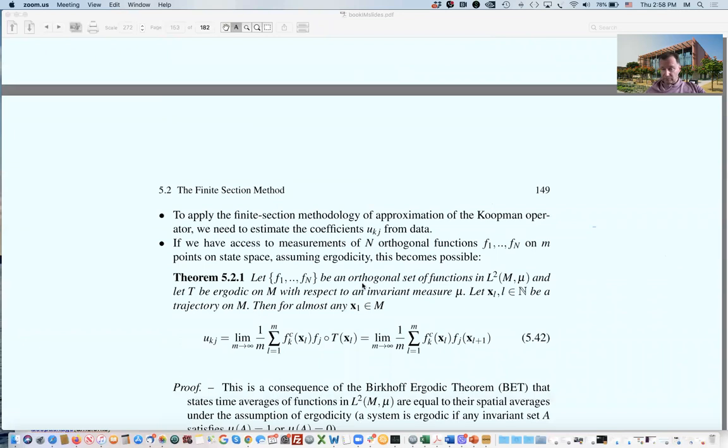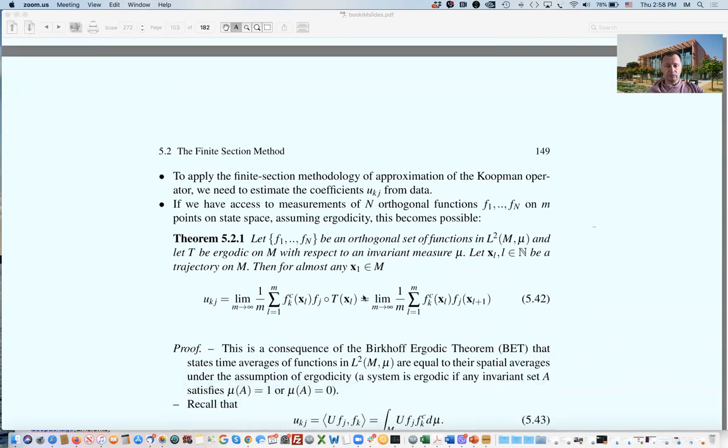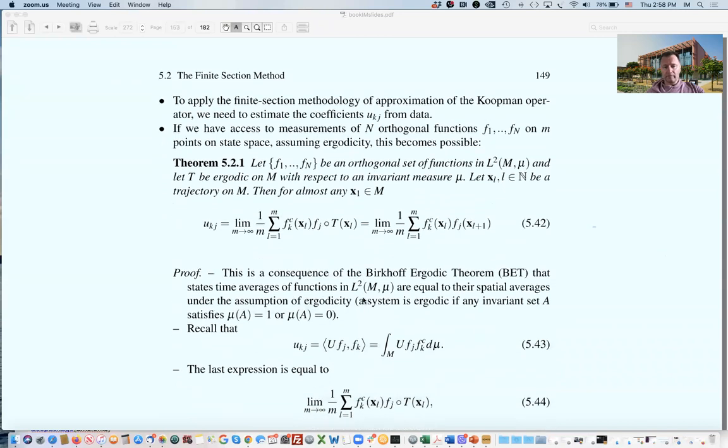All right, so that's a bit of a warning, but let's talk about the cases in which we are successful, like in the first case that we presented, where the finite section can in fact be used to compute. And so what I'd like to do is show how one can estimate the coefficients u_kj of the finite section from data.